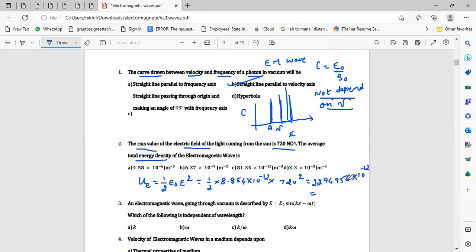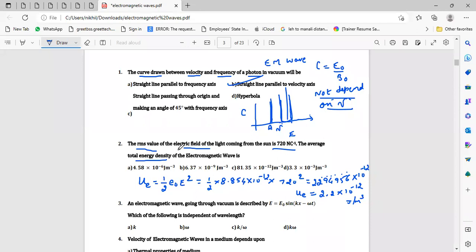This can also be taken as approximately 2 point something, that is 2.2 into 10 power minus 12. So it is average energy density, energy per unit volume, so joule per meter cube. So this is the energy density because of the electric field.